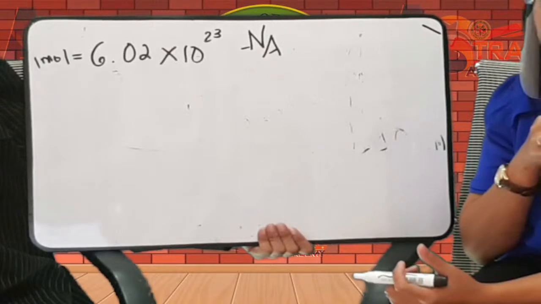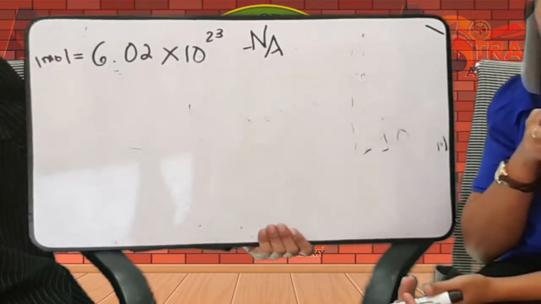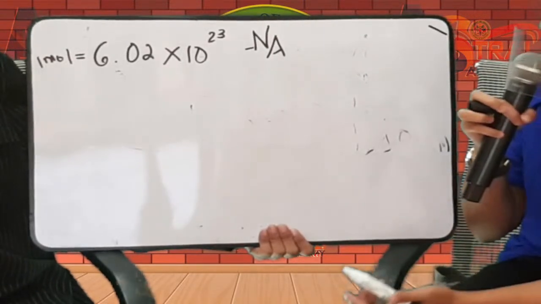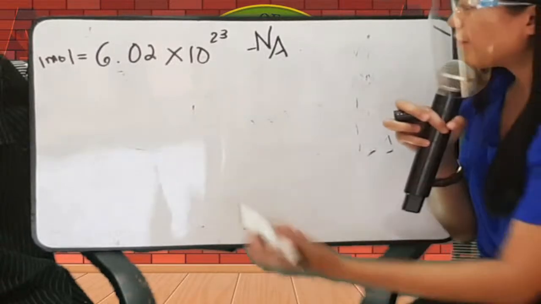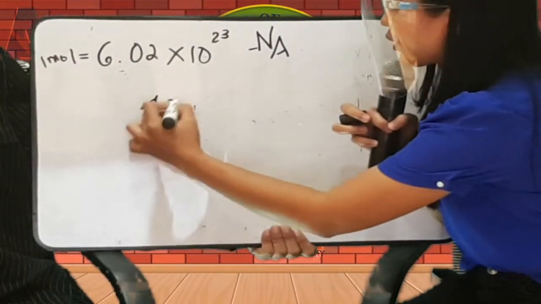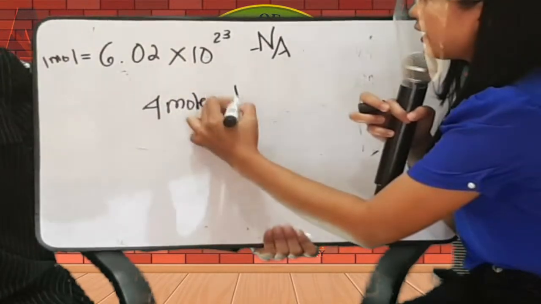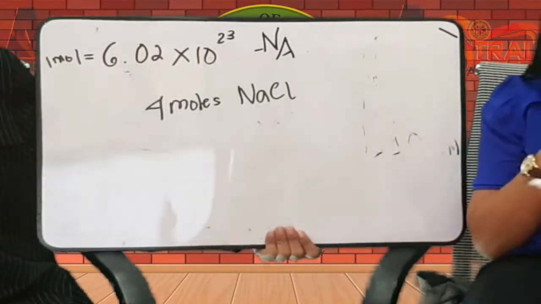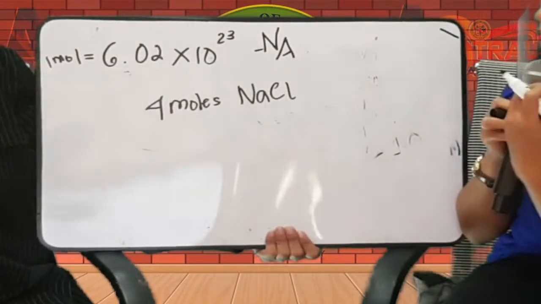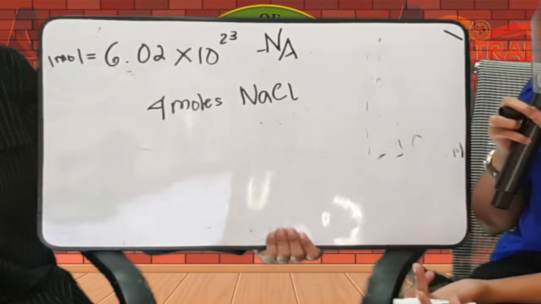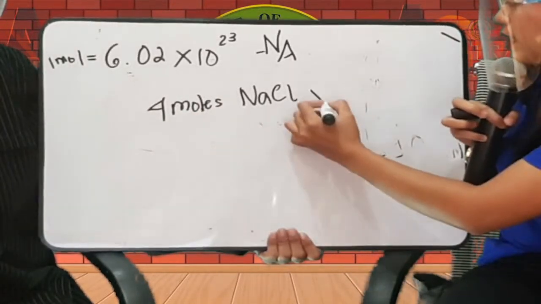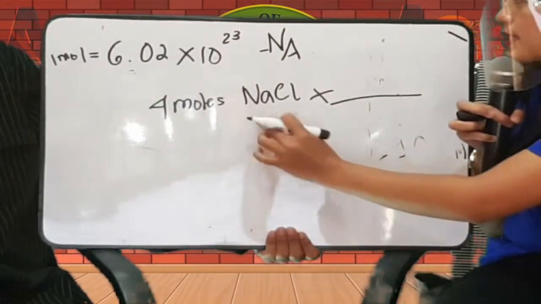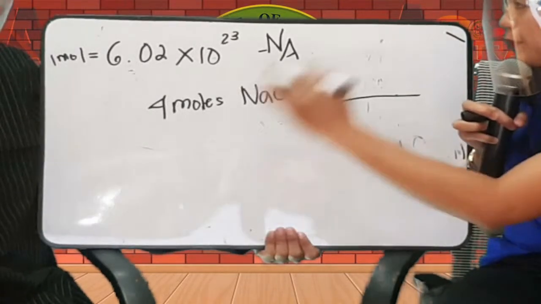Using the dimensional analysis approach, you'll be able to convert the number of moles to its equivalent number of particles. So again, we have the given value: 4 moles of NaCl. And the question is, how many molecules are there in 4 moles of NaCl? By using the conversion method, we need to make sure that the mole of NaCl will be cancelled out.